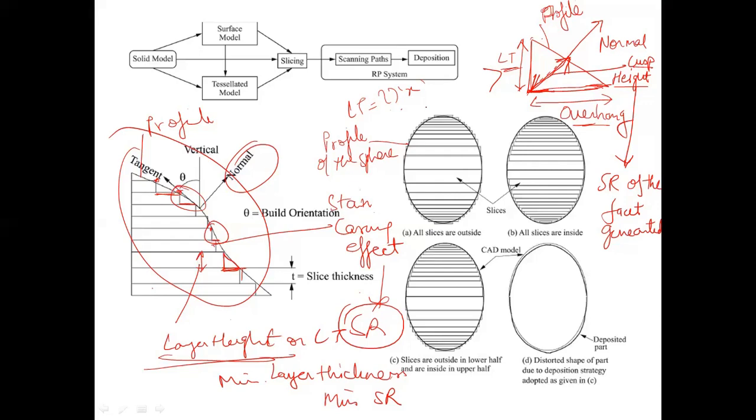Since the profile line is inside and the surface roughness is on the outside, the contraction may not happen as per your understanding or as desired. Therefore, your part is oversized, or it can be undersized also. If it is oversized, no problem, you can go for post-processing. But if it is undersized, you have no option except to throw it away and do the processing once again. So that is one option, external slicing. All the slices are outside. This is what we call external slicing.